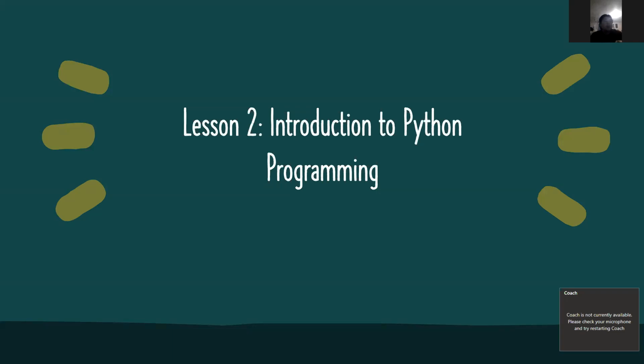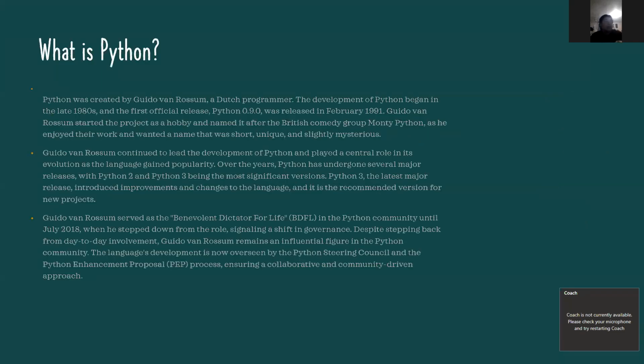Lesson 2: Introduction to Python Programming. What is Python? Python was created by Guido van Rossum, a Dutch programmer. The development of Python began in the late 1980s, and the first official release, Python 0.9.0, was released in February 1991.